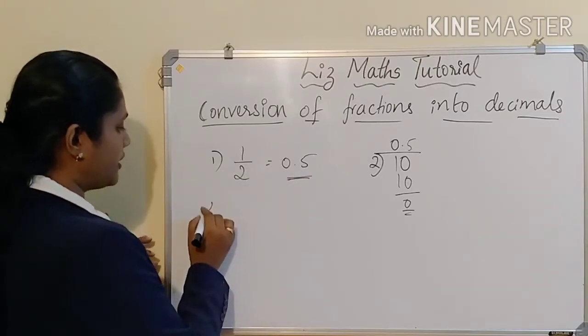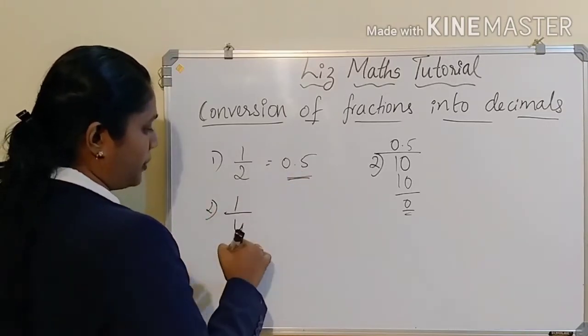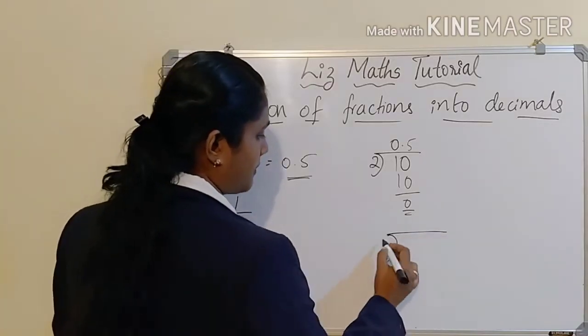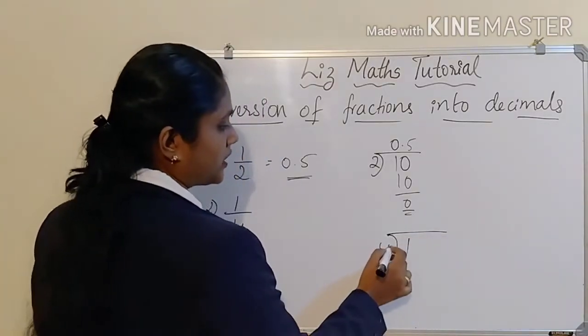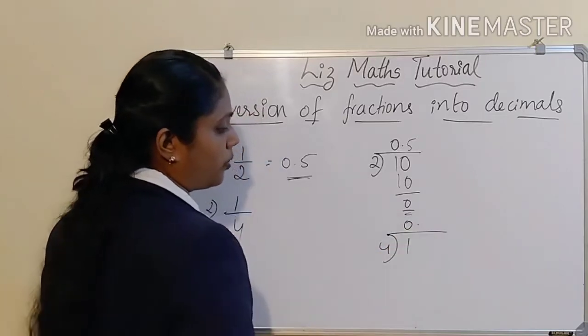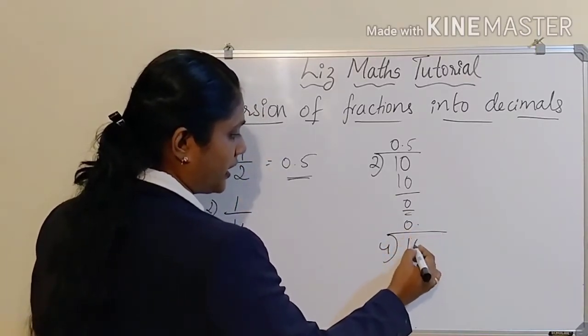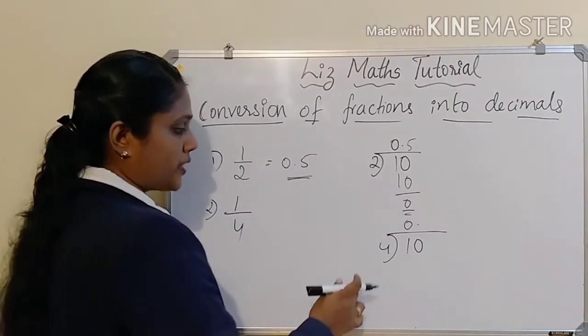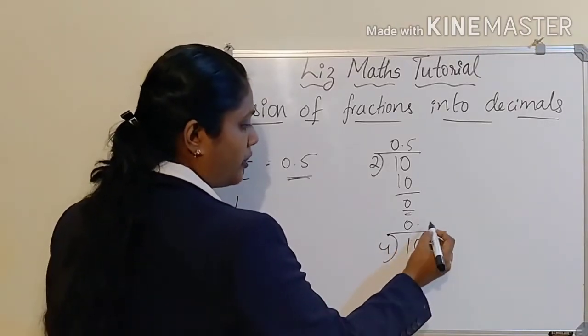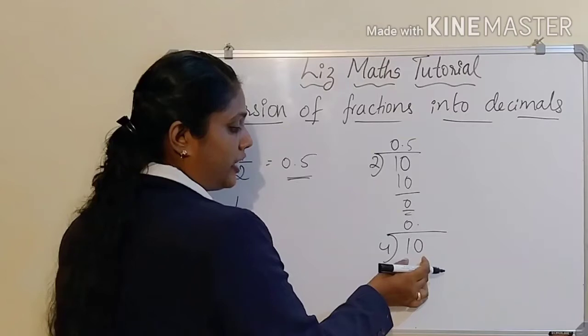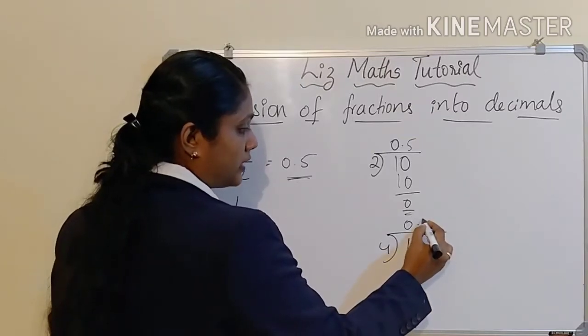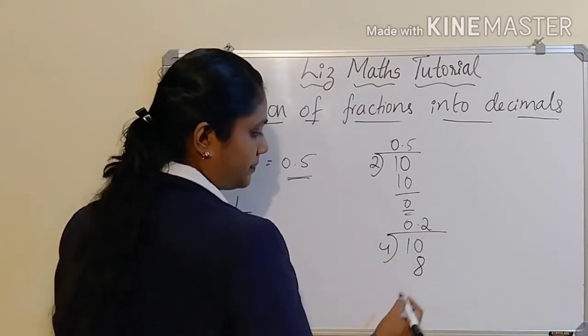Now we'll go for the second one. 1 by 4. Go for the division of 1 by 4. Whether it will go into 1? No. So you cannot divide it. So with 4, here you take a point, and you can add a 0. So 4, how much is 10? Near 10, you can take 4 2s are 8.